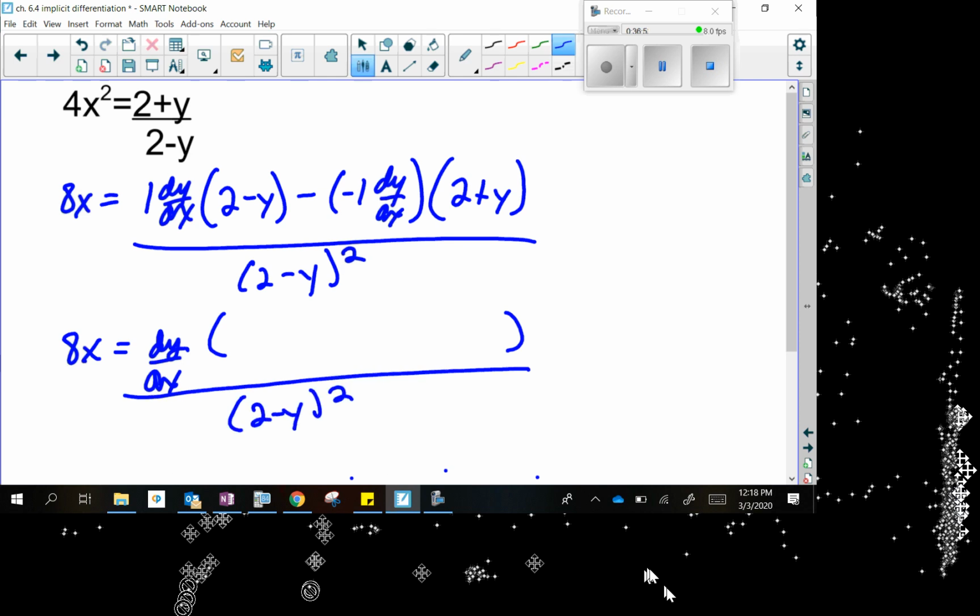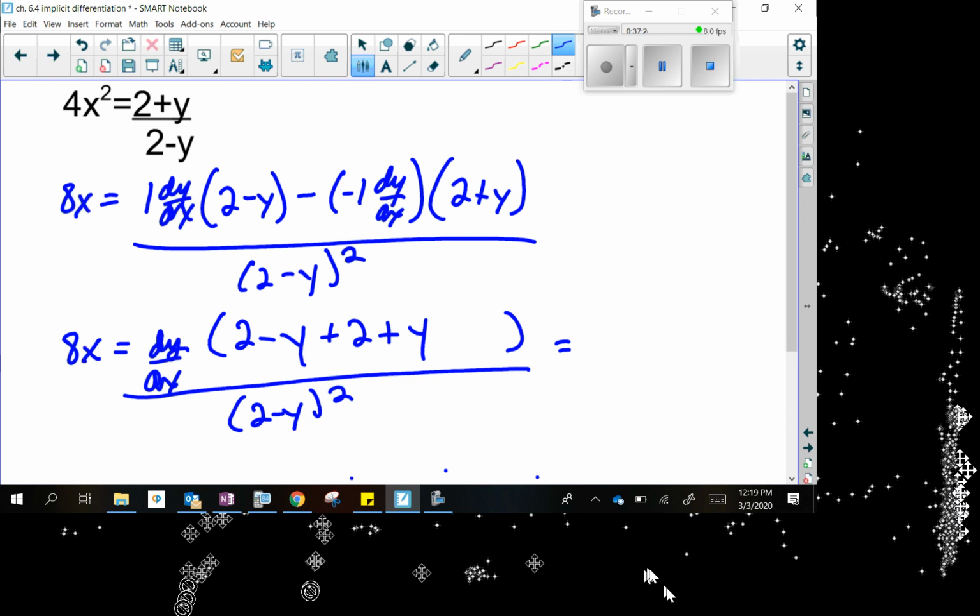Then inside we have the 2 minus y, and then negative times negative equals a positive, 2 plus y. That makes sense? Otherwise, we would have distributed it like negative 2 dy dx, negative y dy dx, and so on. So this becomes positive 2 plus y.